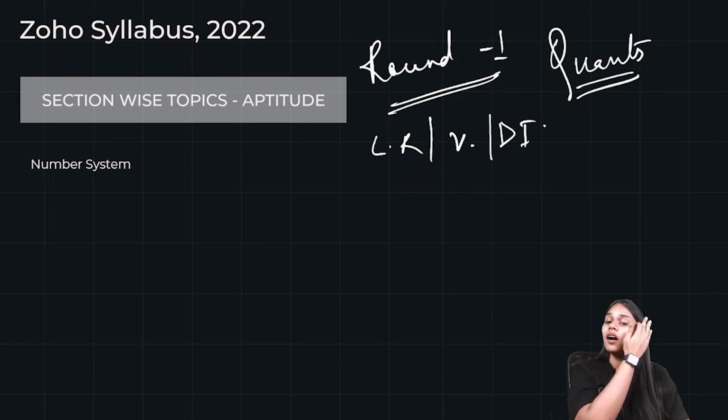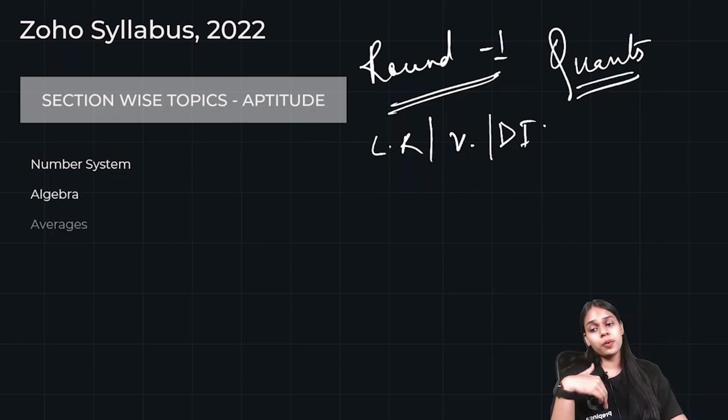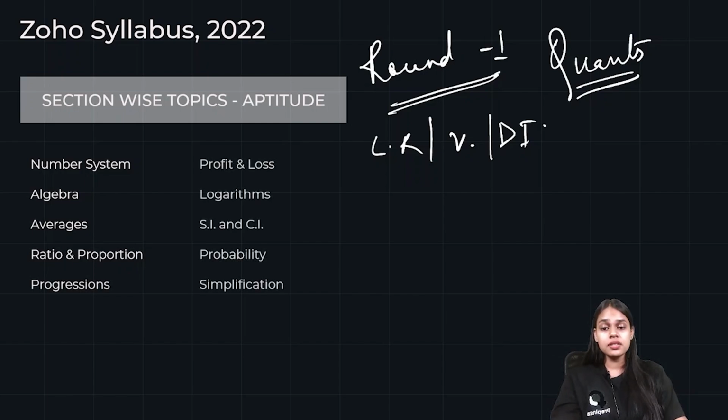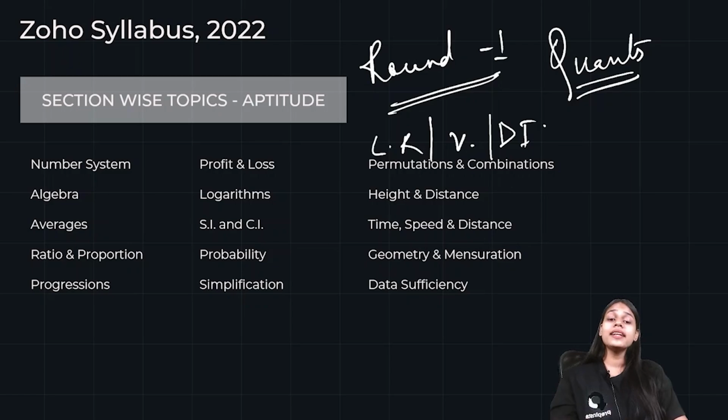Now the topics are number system, algebra, averages, ratio and proportion, progressions, profit and loss, logarithms, SI and CI, probability, simplification, permutations, combinations, height, distance, time, speed, distance, geometry, mensuration, data sufficiency. If you want, you can screenshot this entire window.